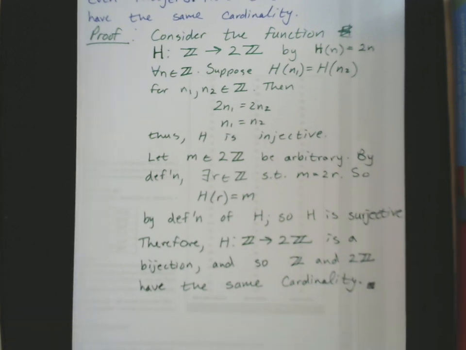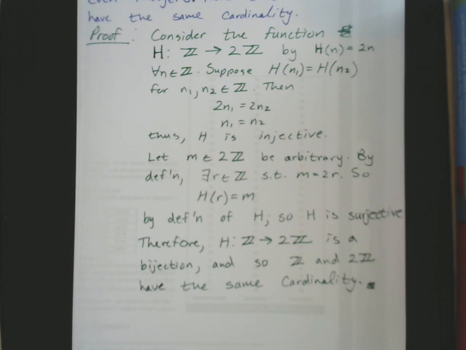So they have the same cardinality, but again, we know that 2Z has much less, half as many elements as Z, but they are both still infinite. So you can construct a one-to-one surjective map. Everything in Z maps onto everything in 2Z, even though we know there's half as many.